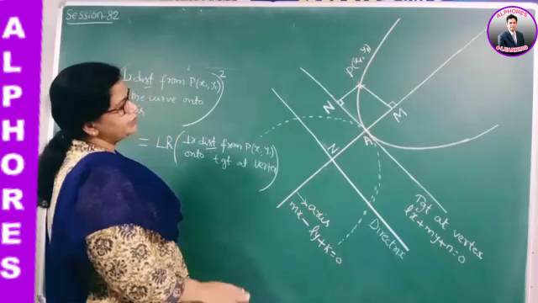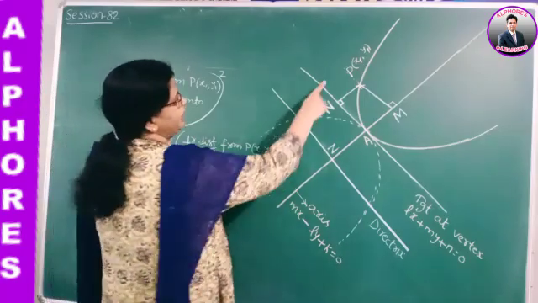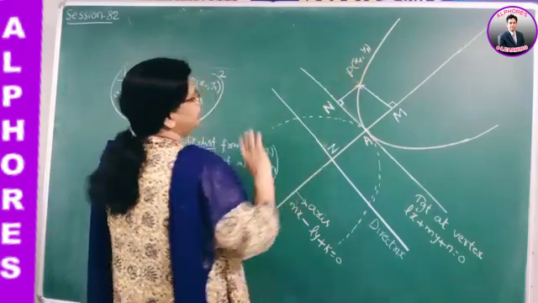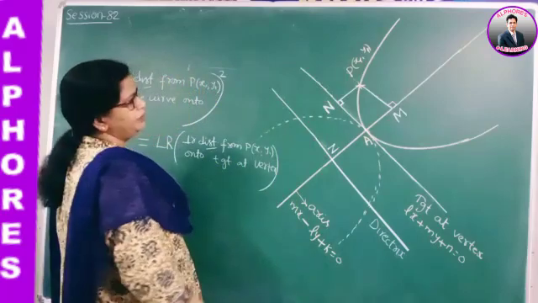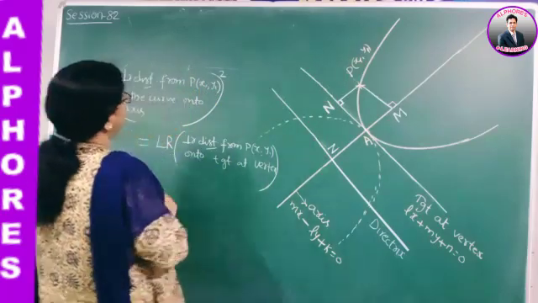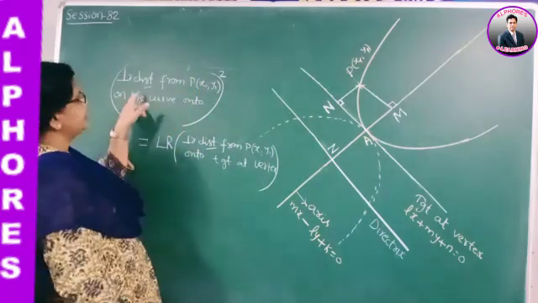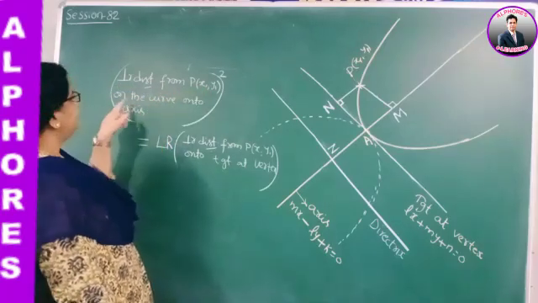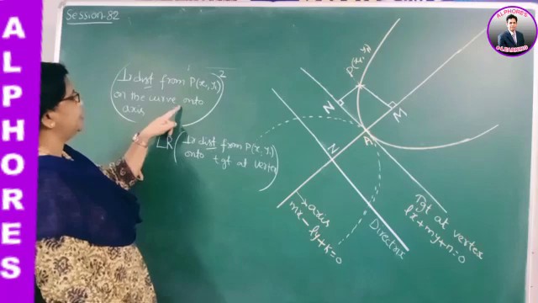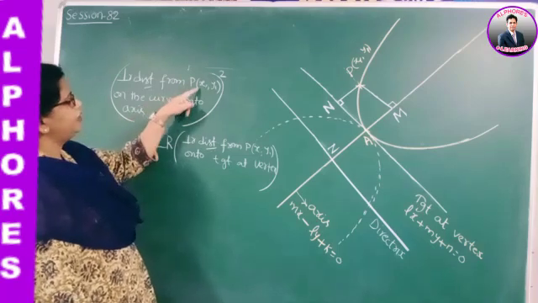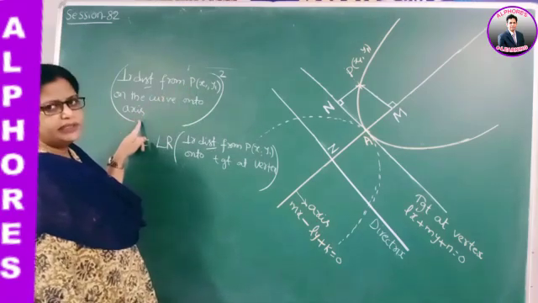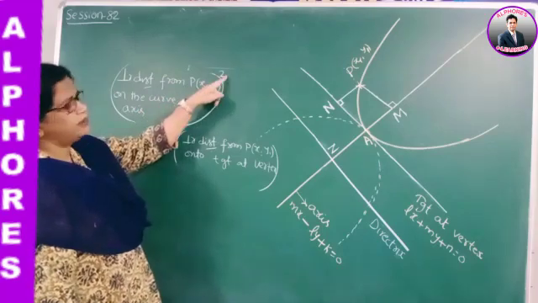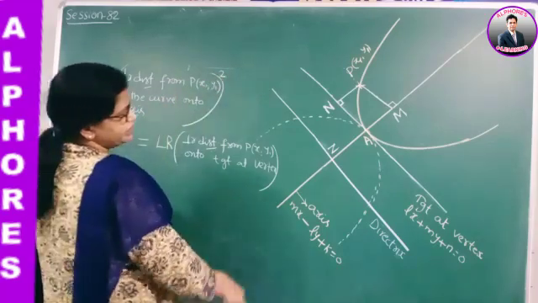Okay students, now after this, let P of x1 comma y1 be any point on the curve. If P of x1 y1 is any point on the curve, then what is our formula? The perpendicular distance from P of x1 y1 on the curve onto the axis, the point is on the curve and the distance you are taking onto the axis, whole square. Then what is that condition here?